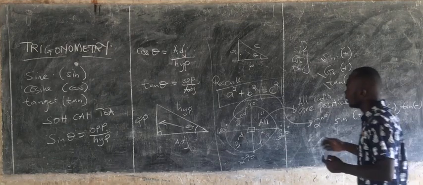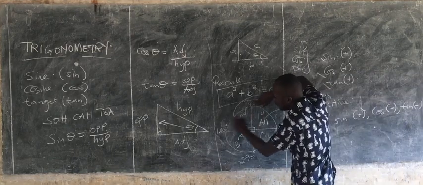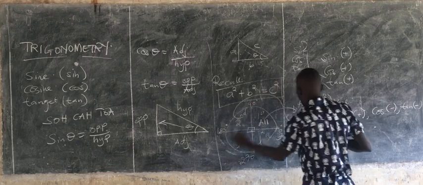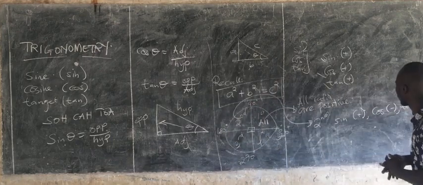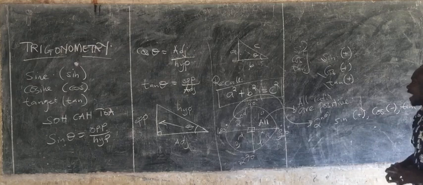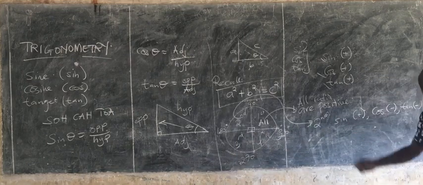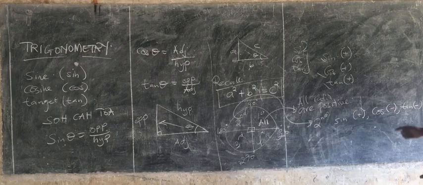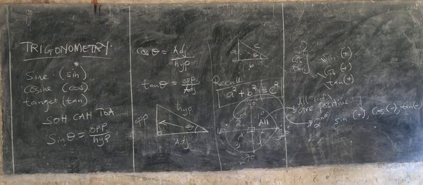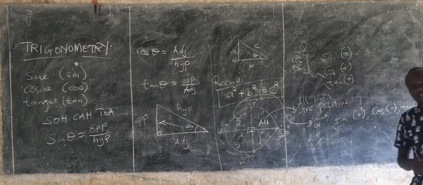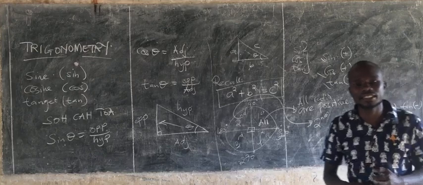What does this mean? For angles from 90 to 180, if we pick an angle there and place it on a calculator, for example sine 120 degrees, it will give us a positive value. But if you place cos 120 degrees, you're going to get a negative value. And when you place tan 120 degrees, still you're going to get a negative value.